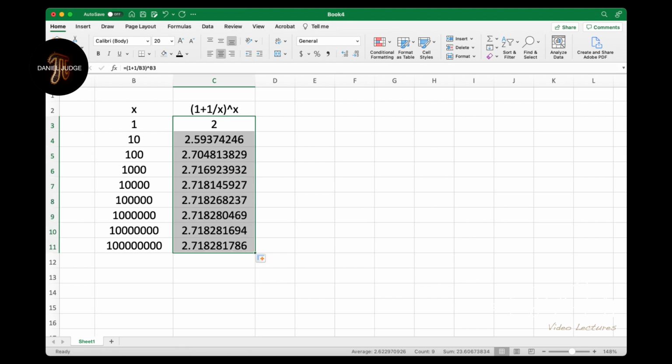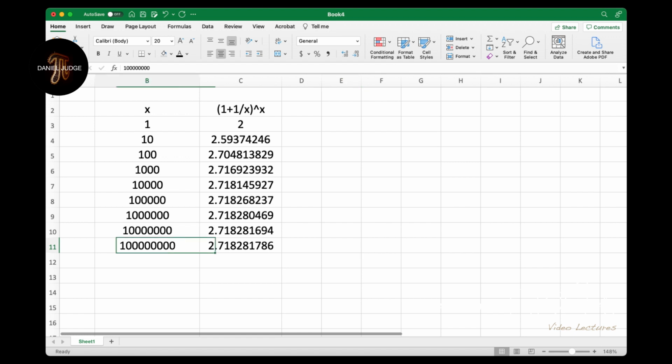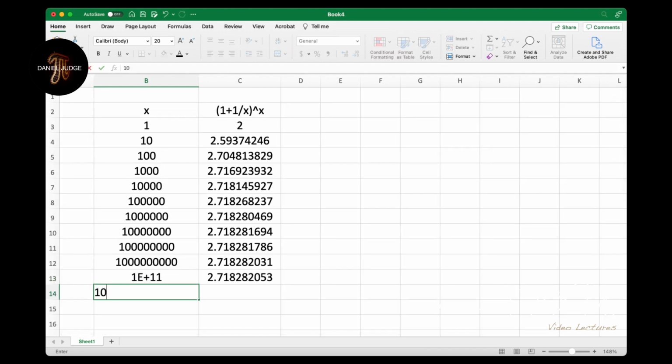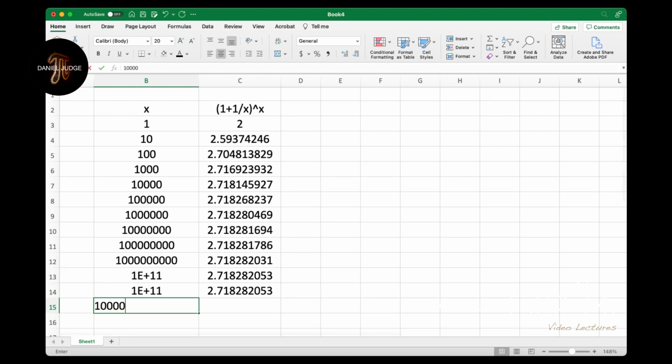So here's what I want you guys to notice. What happens as X gets big? What you should see is something interesting. I don't remember how many zeros were here. This was 10 zeros, then 9, then 10, 11, 12 zeros.